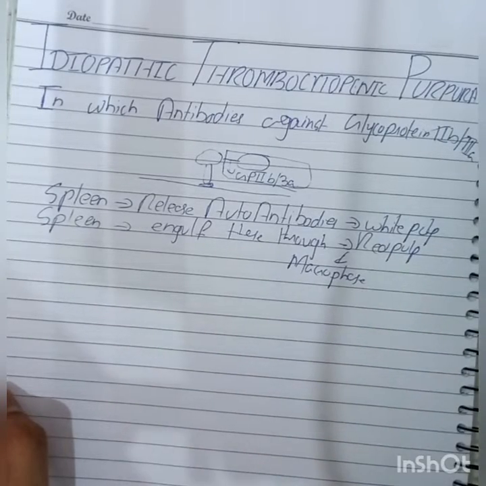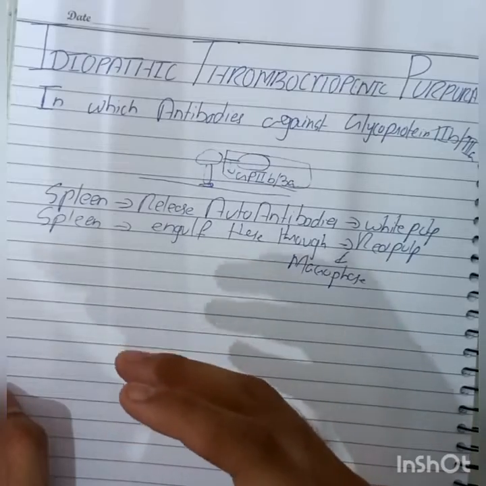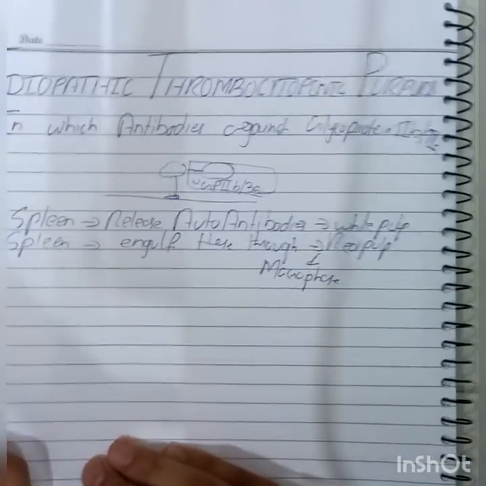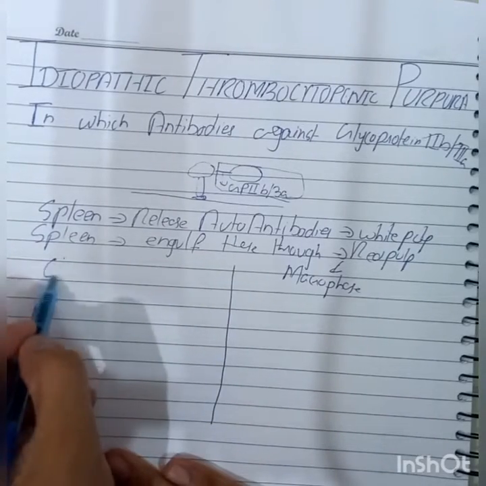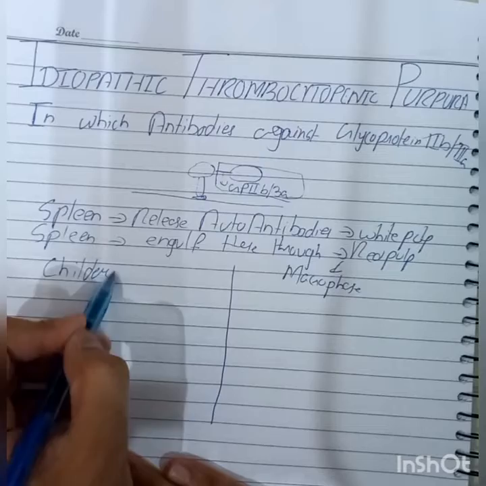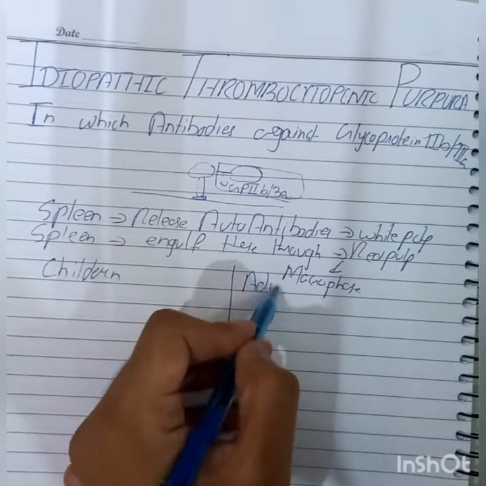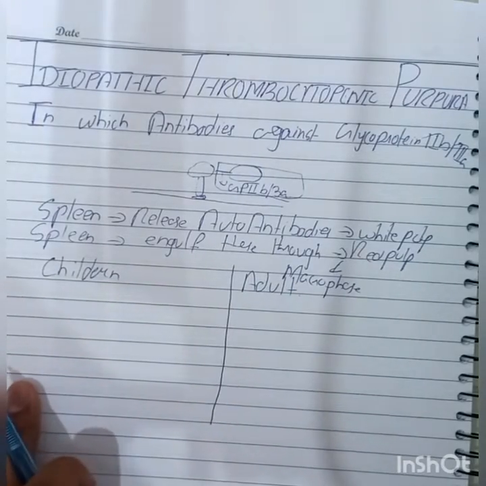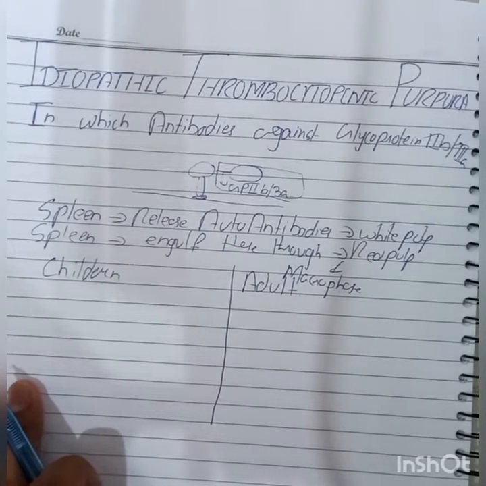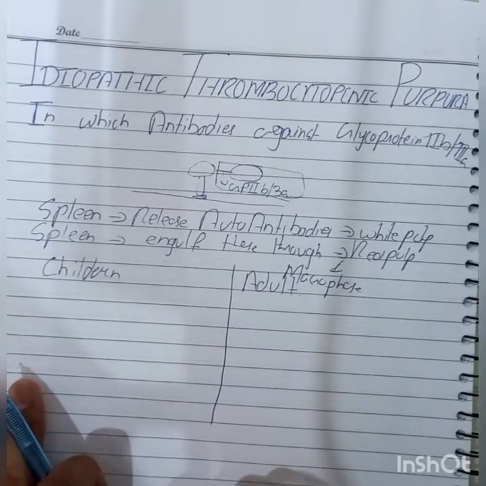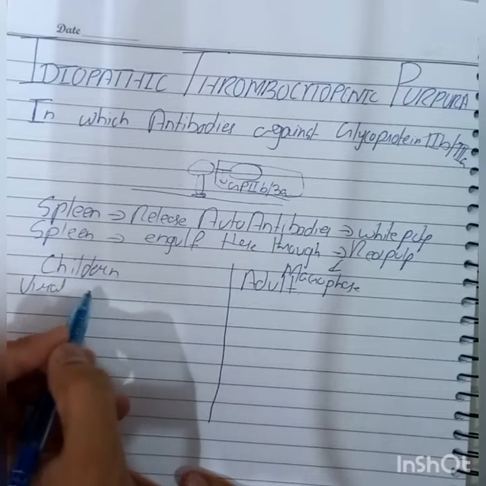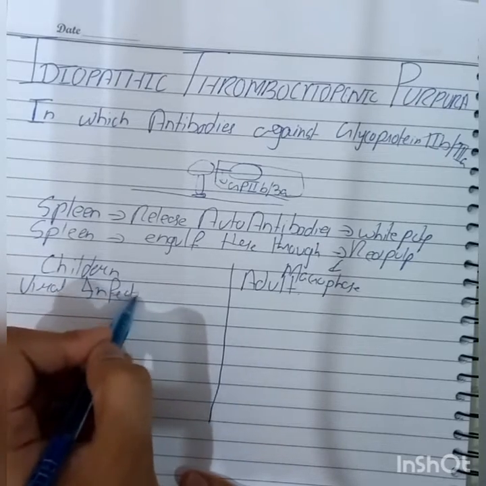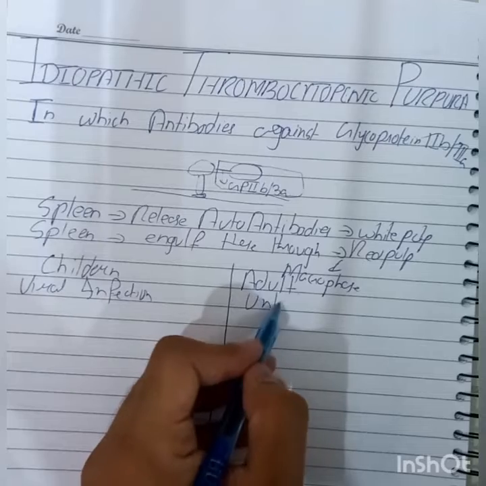This is the spleen. The disease has two age groups, one is the children age group and one is the adult age group. The children age group is due to viral infection, and it is of unknown etiology.